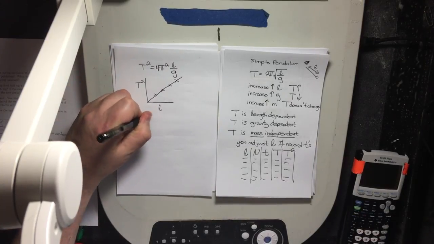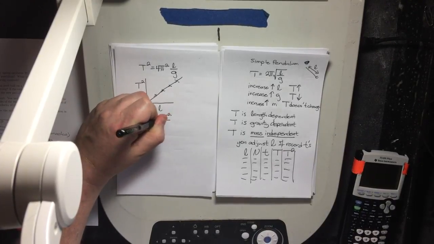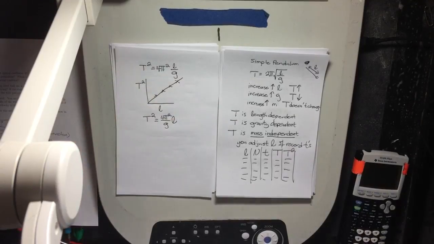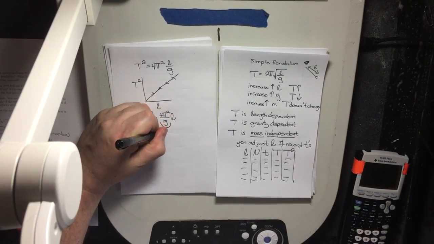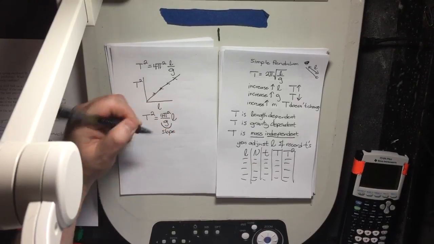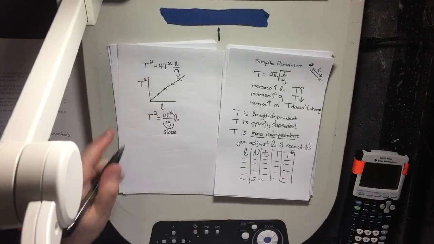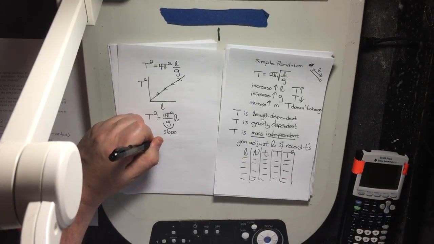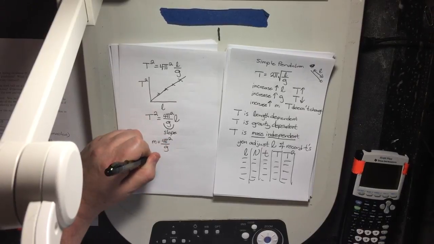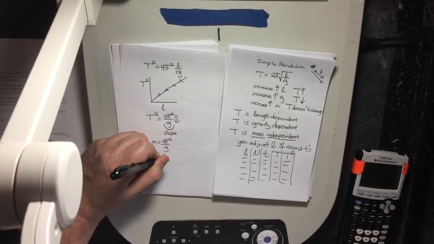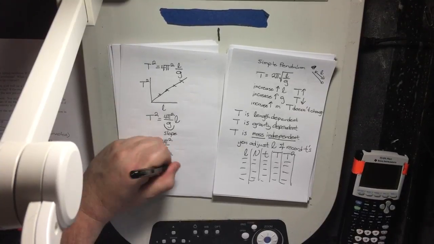Rearranging this, period squared equals 4 pi squared over G times L, you get this equation. This is the slope of the linear line that you fit. So the slope M is 4 pi squared over G, and G is 4 pi squared over M for slope.